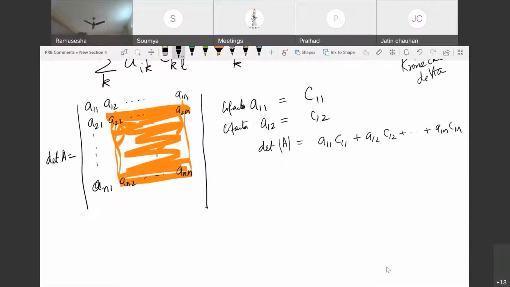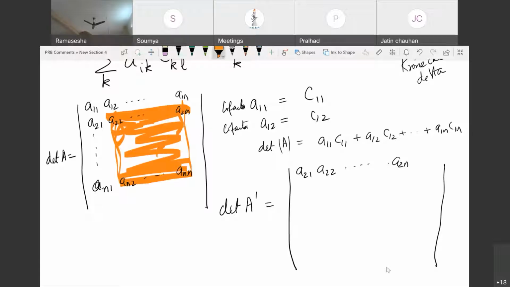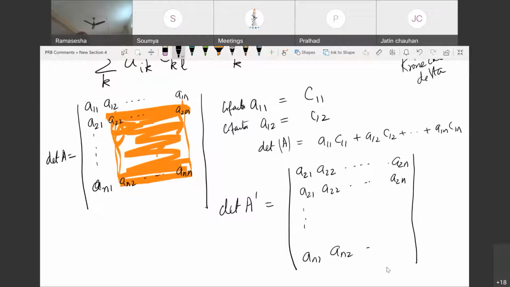Now let me replace the first row by the following. Take determinant A prime, in which I have replaced the first row by the second row. So I have A21, A22, A2n, then A21, A22, A2n, etc., down to AN1 through ANN.